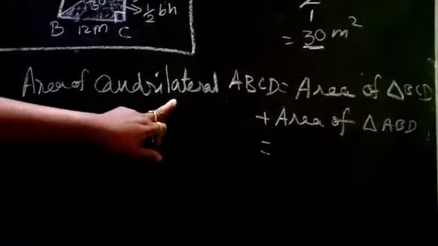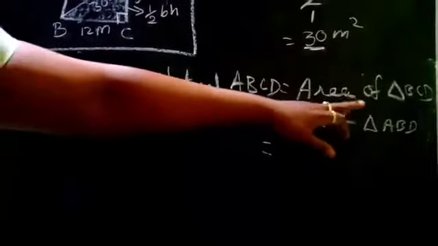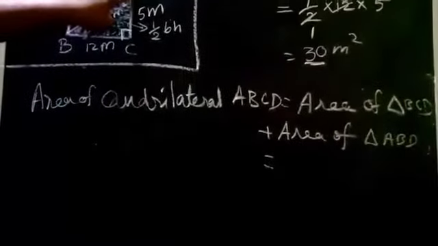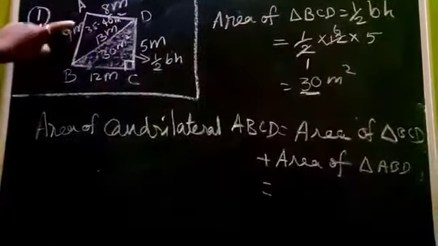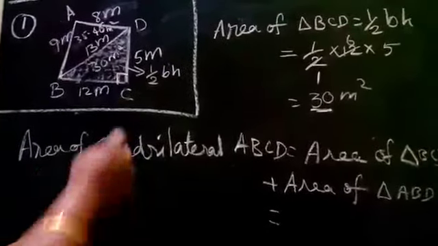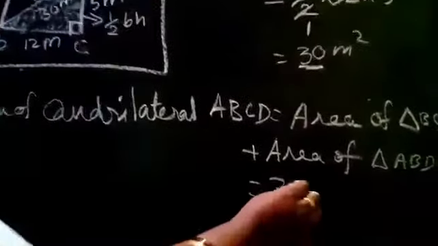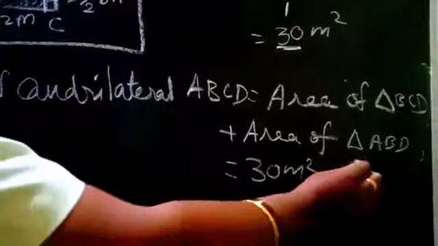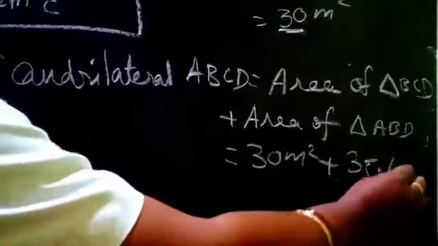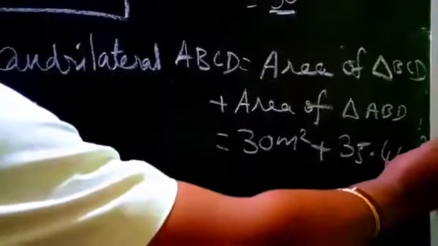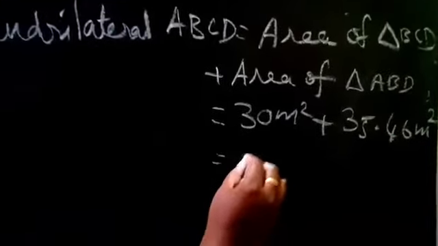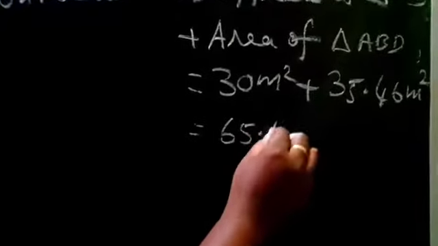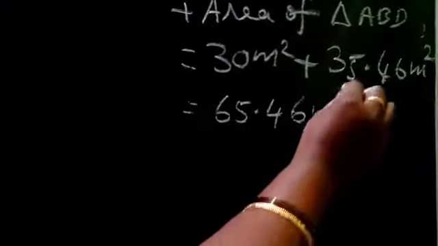Area of quadrilateral ABCD equal to area of BCD triangle and area of ABD triangle. So we have here 30 meter square plus this one we have 35.46 meter square. So we'll add, means we'll get 65.46 meter square.